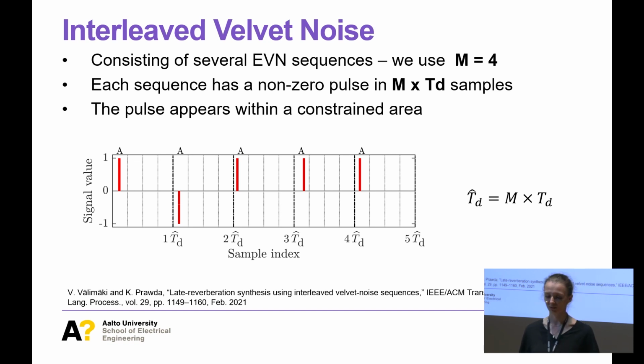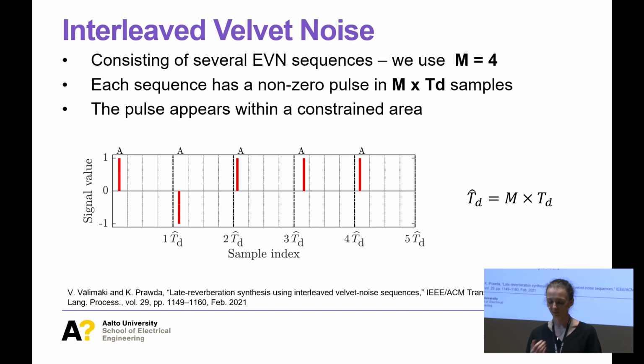Velvet noise is sparse already, but those are even sparser. Each sequence does not have a pulse in every grid of size TD that you can see there, but one non-zero pulse in a bit larger grid size of TD hat, which is a multiplication of TD times the number of sequences that we use.